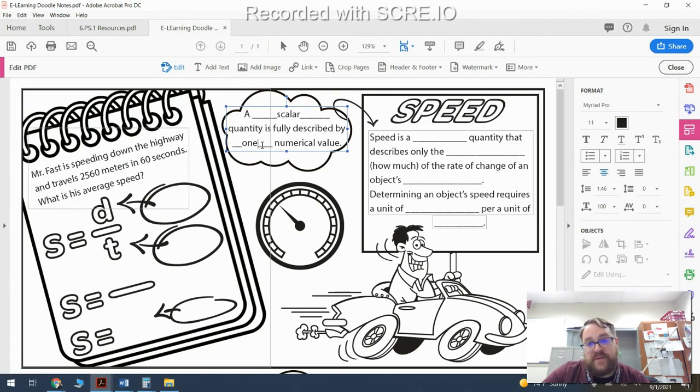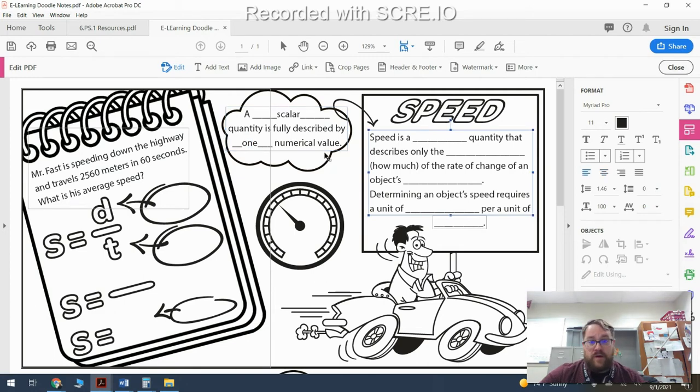When we say something like 60 miles per hour, we're just talking about one numerical value, so it's just talking about speed only. That's what speed is. We call speed a scalar quantity. Don't get too hung up on that term scalar. I just want you to know what that means, okay?